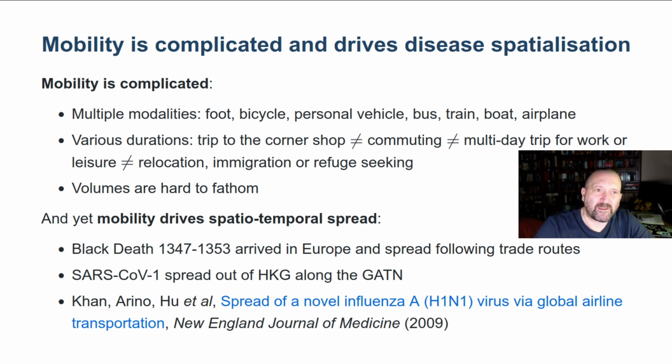It's also complicated, because it involves a myriad of modalities. So you can be mobile on foot if you go to the corner store to get some groceries. You can be on your bike, you can be in your personal vehicle, you can take a bus, a train, a boat, an airplane, okay? So all of that contributes to mobility, which is just how people move around.